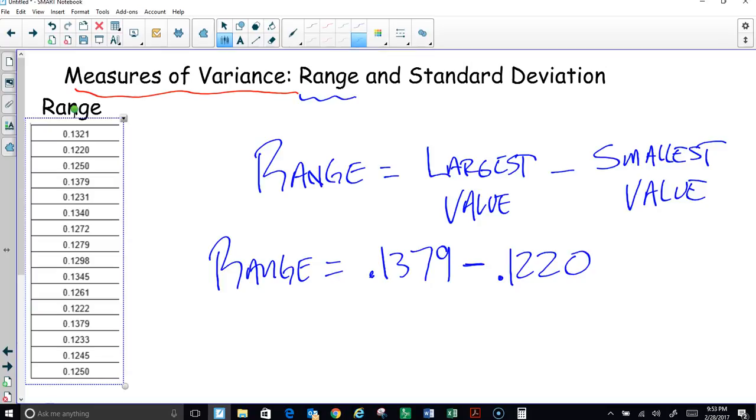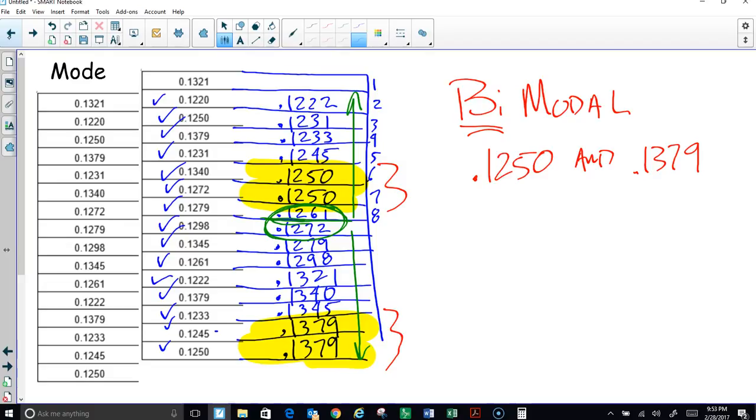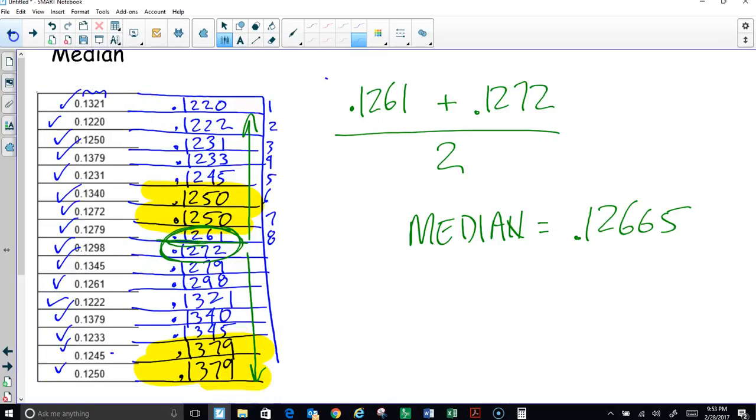We can double check that if you like. 0.1220 is your smallest. I don't think, somehow it didn't get copied over here. So let's go back one more. There it is. So 0.1220 is your smallest, and 0.1379 is your largest.